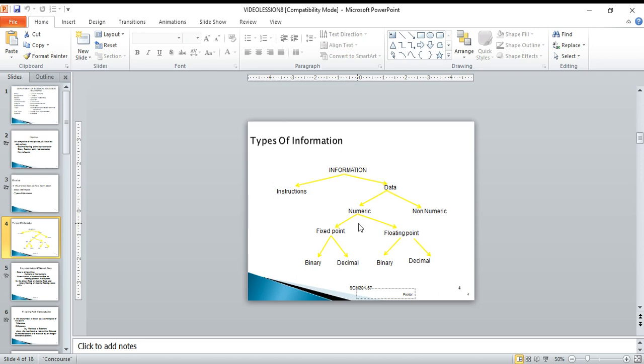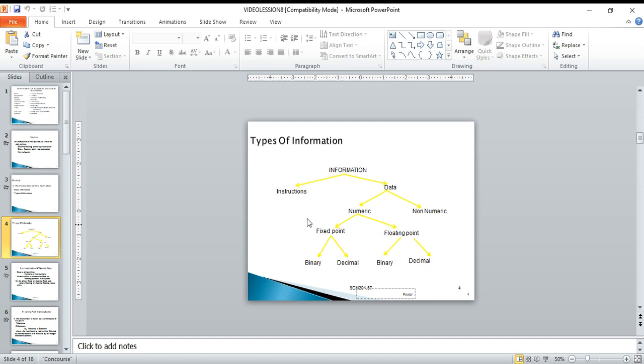In this also, binary and decimal data can be represented in the form of floating point representation.